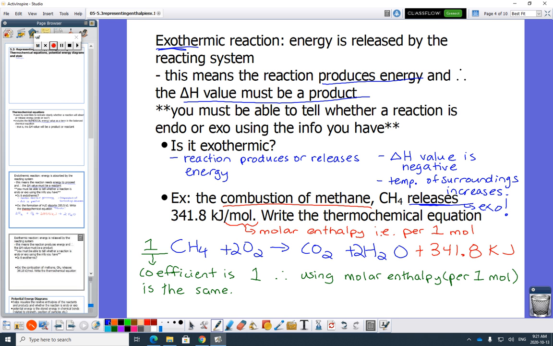And when we talk about stoichiometry and you think about it logically, if you had a 2 here and you're saying per 1 mole and you had twice the amount, oh, well, that makes sense. We're going to get twice the energy, right? So it is logical once you're used to it.